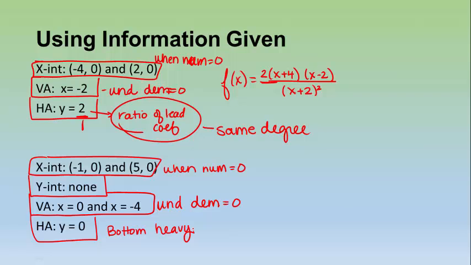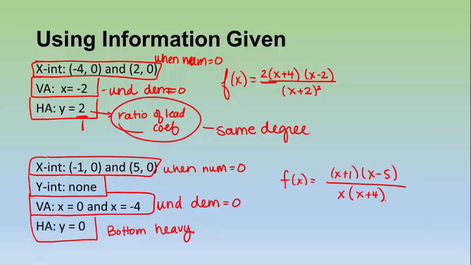Okay, all right, so let's go ahead and take a look at what that gives us. So I'm going to start with f of x equals a fraction, and my numerator equaling 0 would give me x plus 1 and x minus 5. All right, with the vertical asymptote at x equals 0, that means that I have an x and I have an x plus 4.